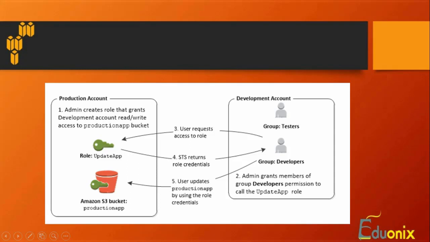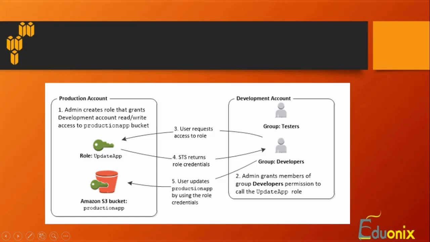You can see here, this is an S3 bucket where these people are going to store their data, right? So the production account will create an update app role, which will be created by the administrator, so he can provide read write access to the production app bucket to these people, right? Once this role has been created, this development account will automatically have the permission to access this S3 bucket by using the update app role.